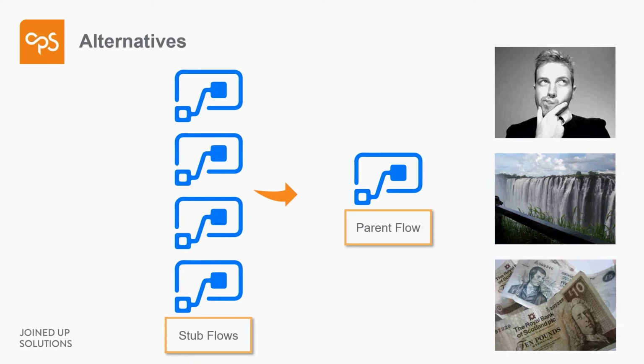Okay. And how many flows can you associate to the parent flow? I think as many as you want, because effectively the trigger for the flow is an HTTP trigger. So there's not a direct link between them in terms of flow.